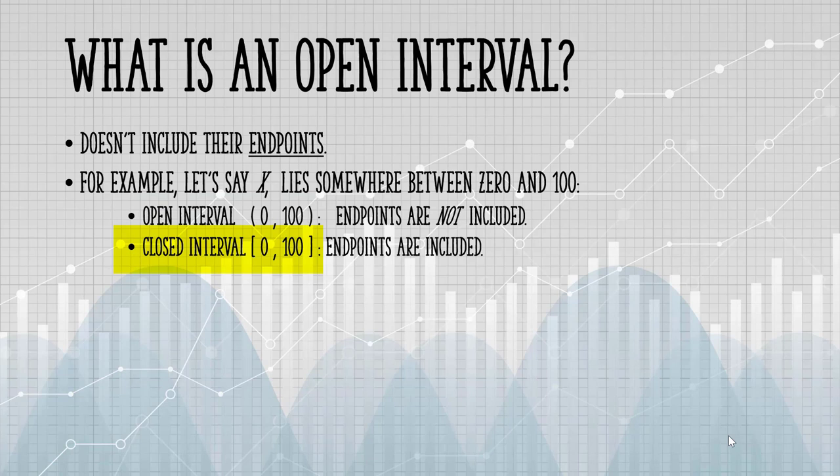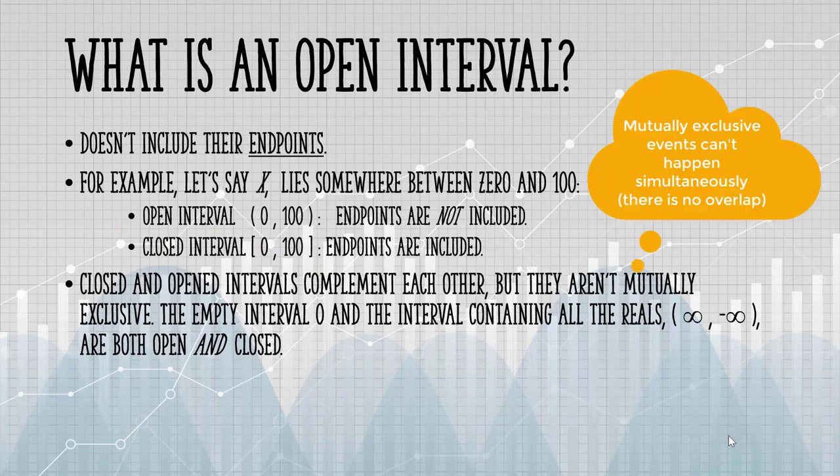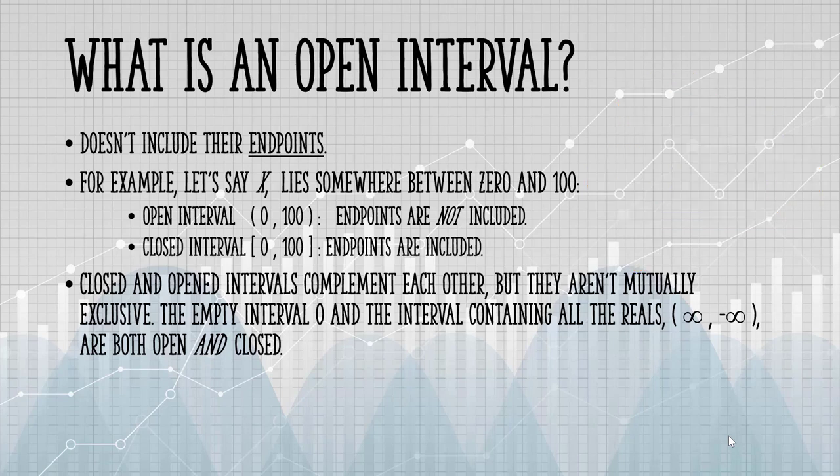If this were a closed interval and included the endpoints, we would write that in brackets. Closed and open intervals complement each other, but they aren't mutually exclusive. In other words, they can overlap. The empty interval and the interval containing all the reals are actually both open and closed at the same time.